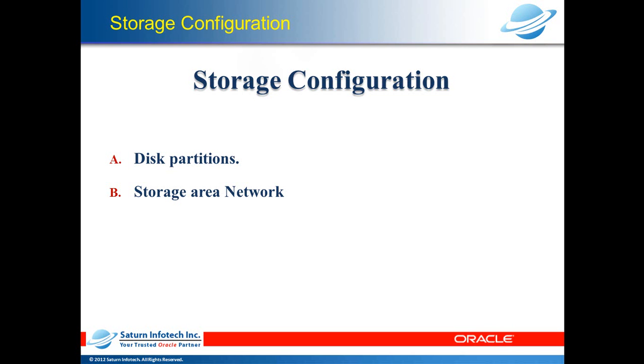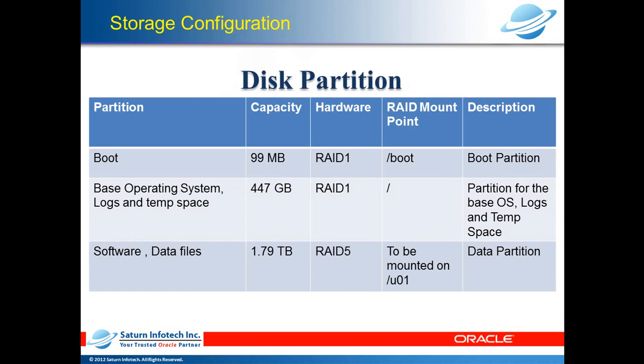In the next slide, we're going to look at the default disk partition available for the Oracle Exalytics machine. There are three partitions. One is for boot, the other is for base operating system, logs, temp space, and the third one is for software and data files.